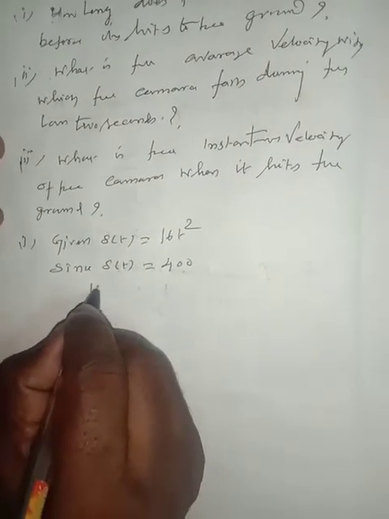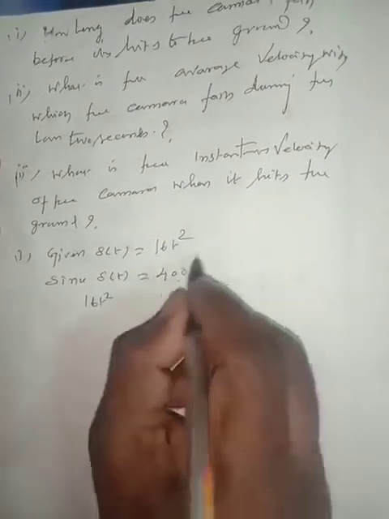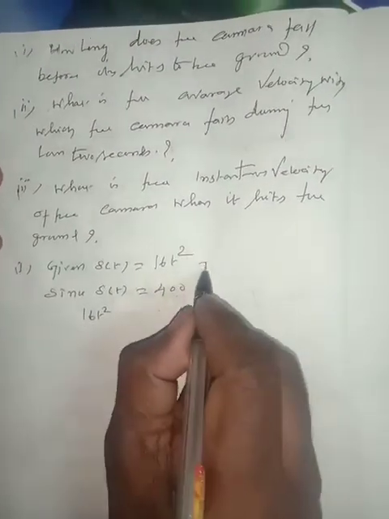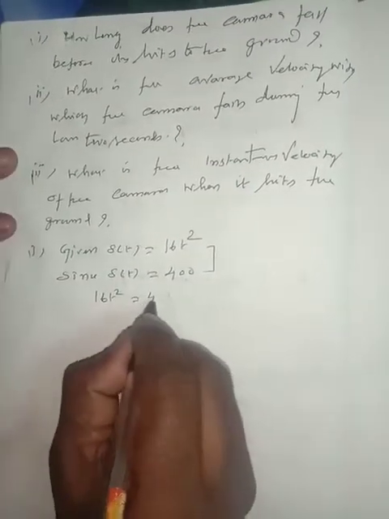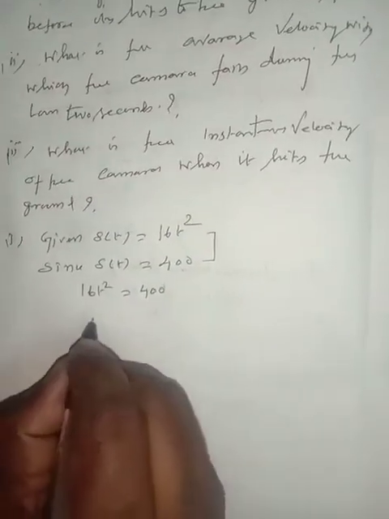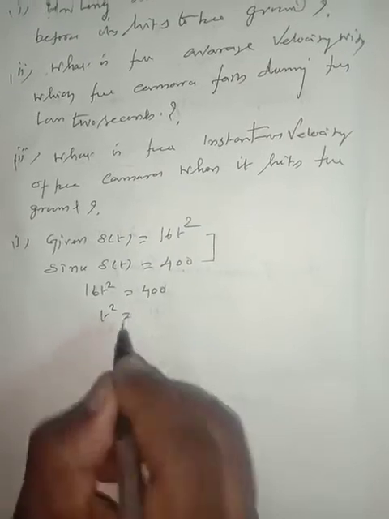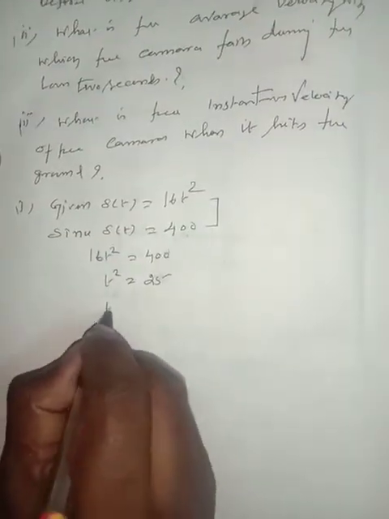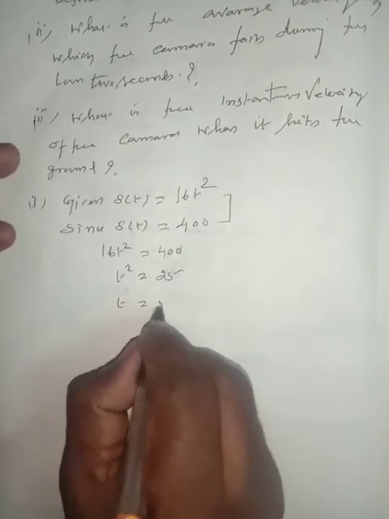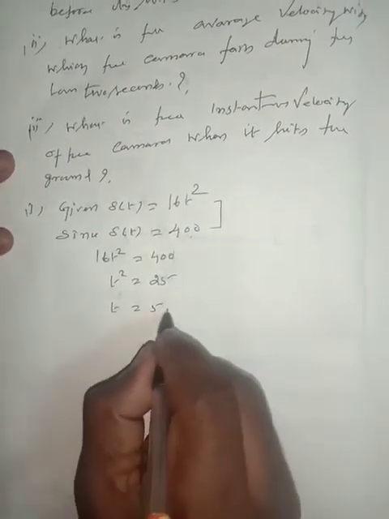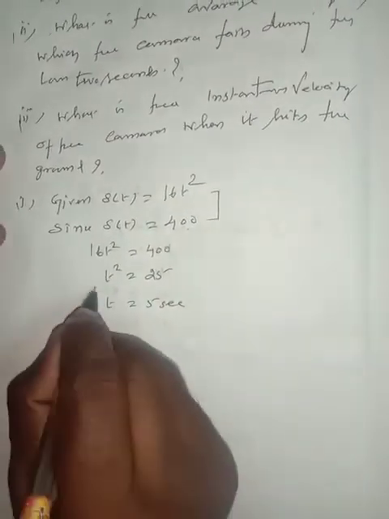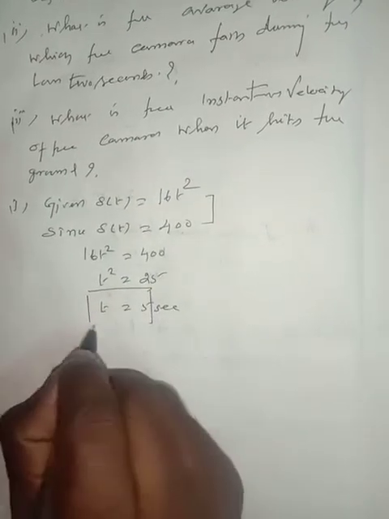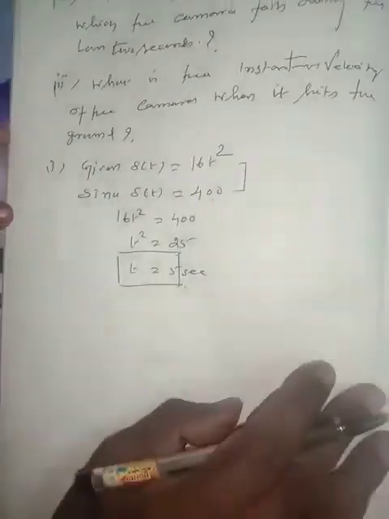So 16 t square is equal to 400. So t square is equal to 25. T is equal to 5 seconds.